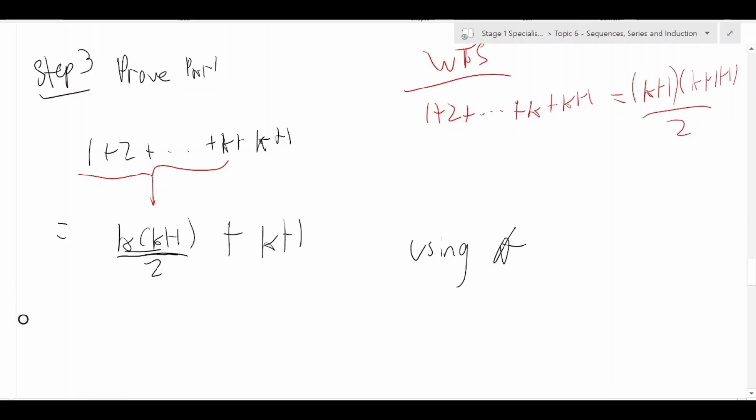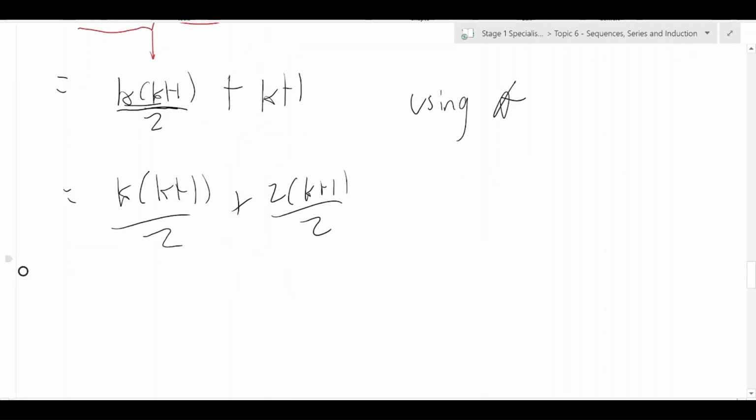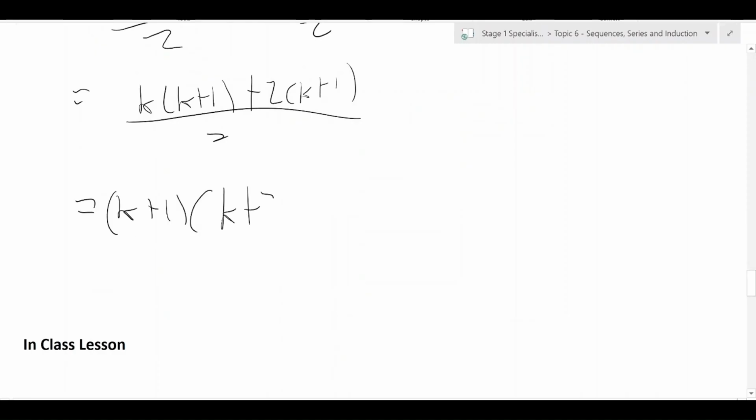And then from here it goes pretty much exactly like our last induction went. k(k plus 1) over 2 plus 2(k plus 1) over 2. Then we write it all over 2. We pull out our common factor of k plus 1. And we're done.